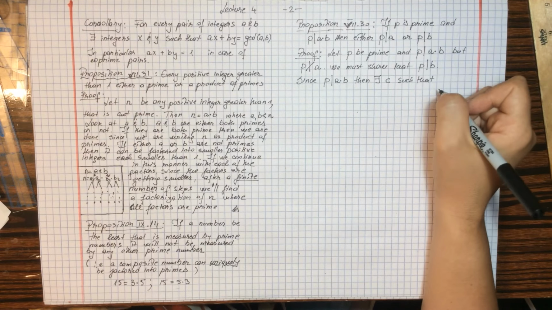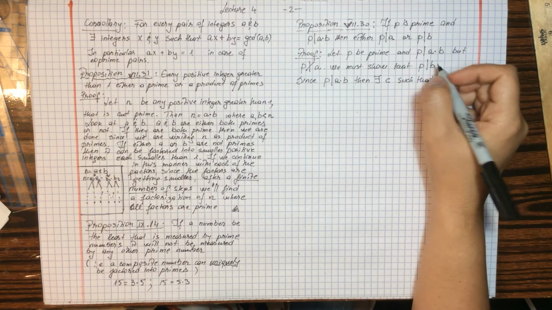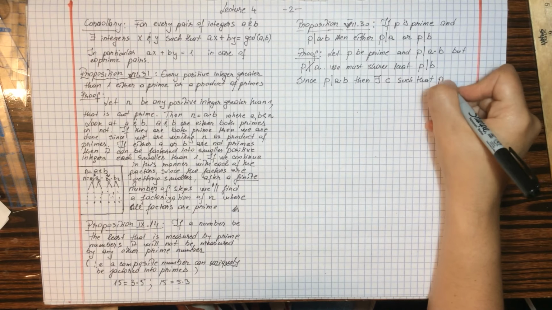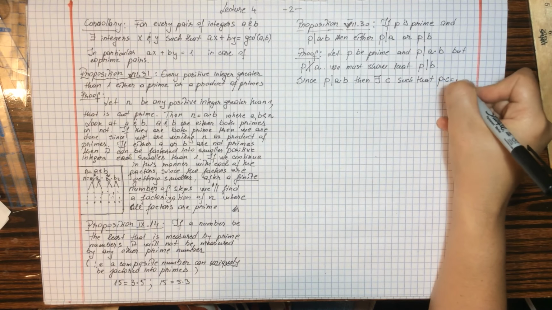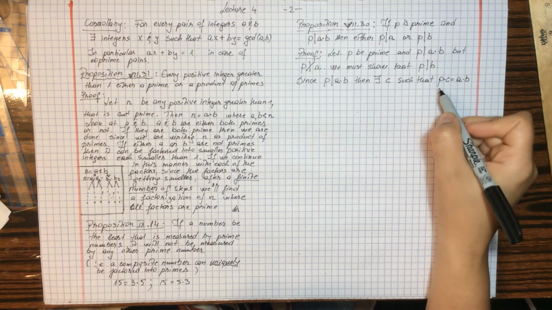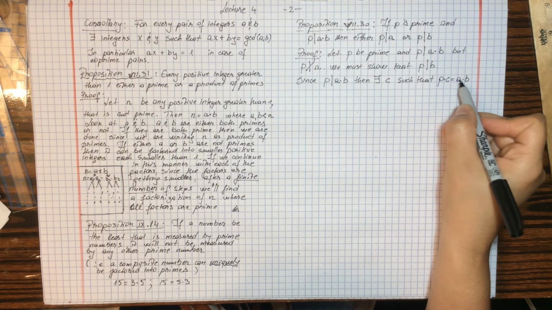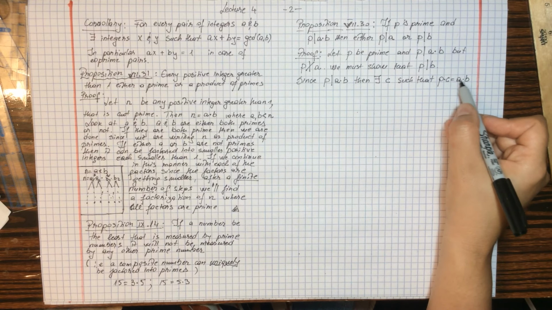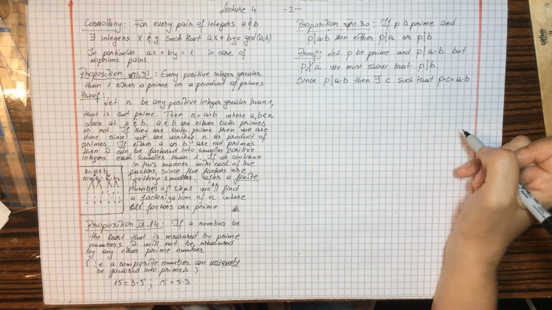I'm calling that other factor C. So there must exist a C such that P times C equals A times B. It means that there is some other number C such that when you multiply them together you get this other product.